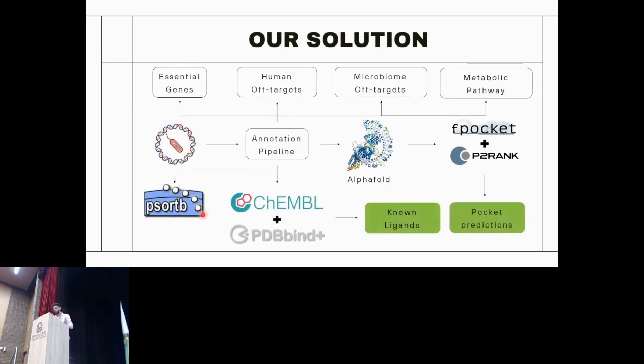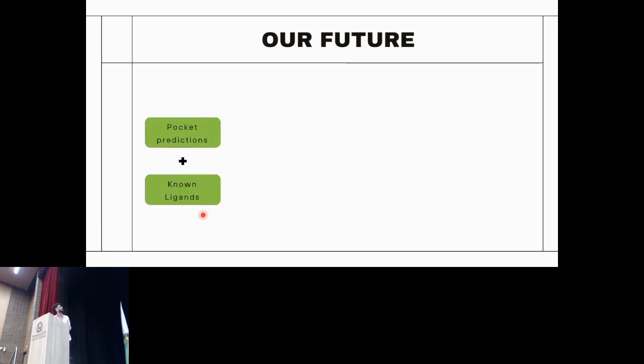So this is what we got so far. The pipeline enabled us to calculate all the genome, the proteome, the metabolome, and the structurome in an automatic fashion. So what we want to do in the future, in the next semester with this pipeline, is to populate the database with all the information for the pocket prediction and the known ligands to build a list of features that enable us to develop an AI model capable of discovering novel ligands.